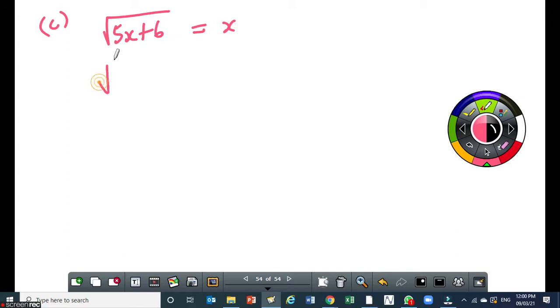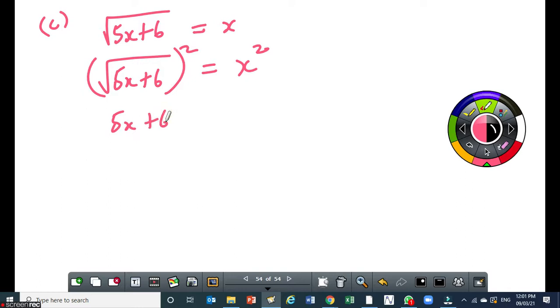So here, our first step, we say 5x plus 6, then we square that to remove the square root sign, and we square the right hand side. Remember, in maths, when you're dealing with equations, whatever you do on the left, do it on the right hand side. Once you get this, you get 5x plus 6 equal to x squared.